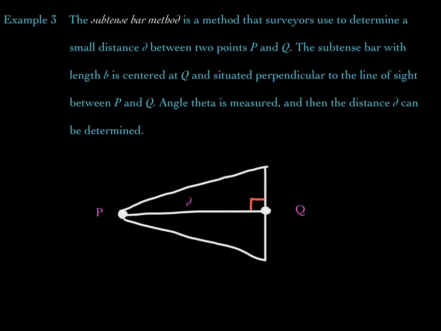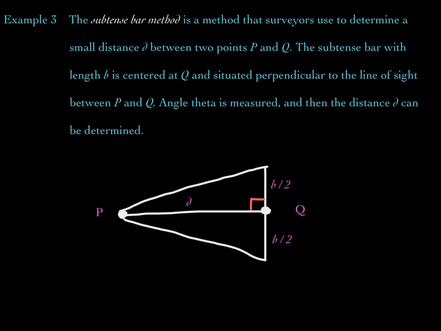Now, keep in mind that the whole subtense bar is of length B. If the whole bar is B and it's centered at Q, then just this amount right here would be half of B. So let's label that half of B. This is half of the bar, and this is the other half of the bar of length B. Now they said that once the bar is located here, we can measure theta. So this is theta here, folks.